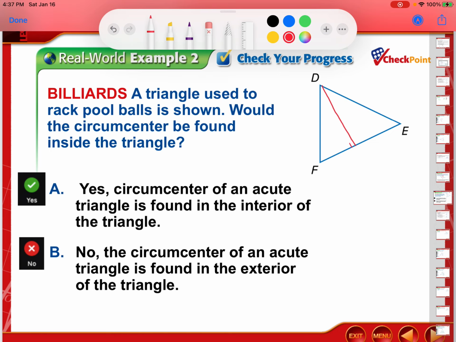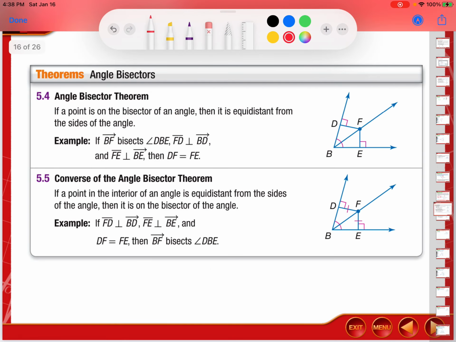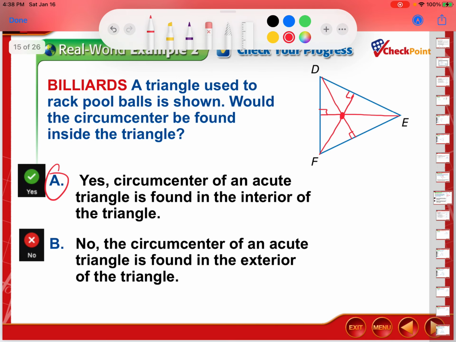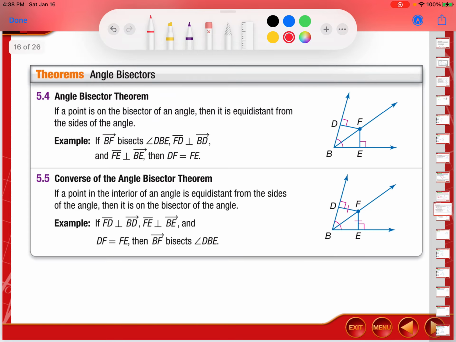If I do 90 degrees about right in there, then 90 degrees about right in there, and then 90 degrees about right through there, which is once again pretty good. All those even intersected. So I would say yeah, it's going to be in the middle. And it's an acute triangle, so we know it's going to be on the interior.